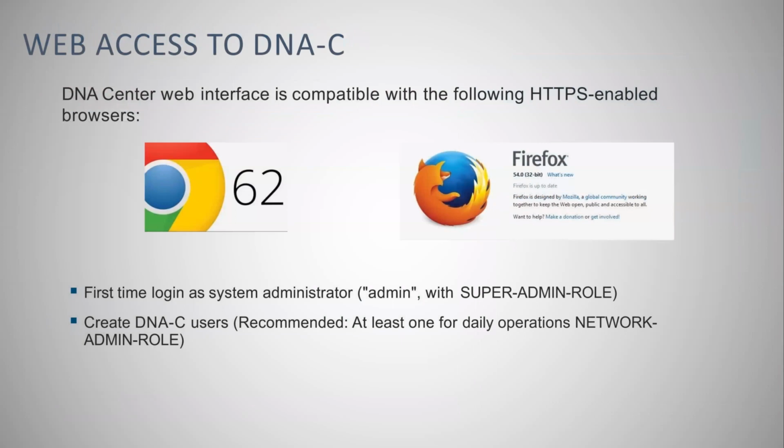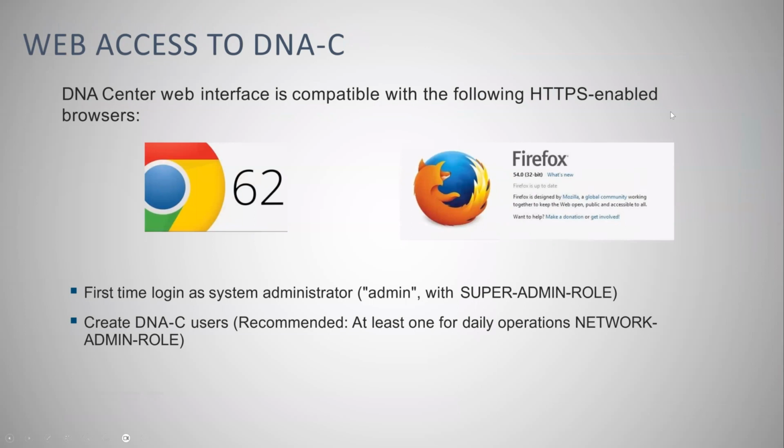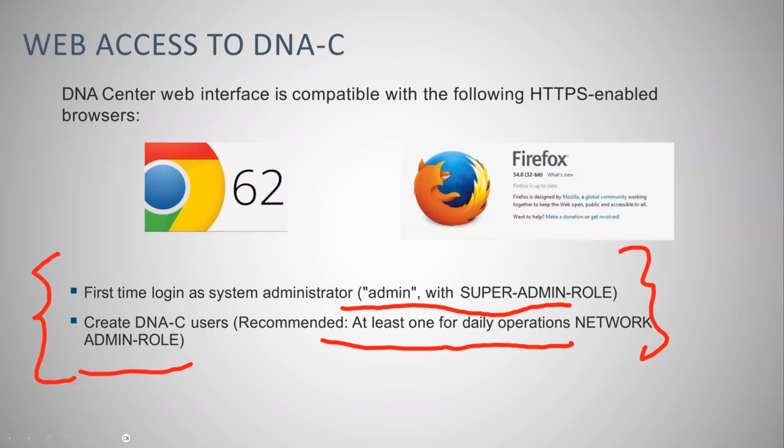Once the installation is done, you want to log into the DNA. Later on, I will explain about different types of users that we can create within the DNA. This is important when we are doing DNA external integration with ICE. This information is very, very important.